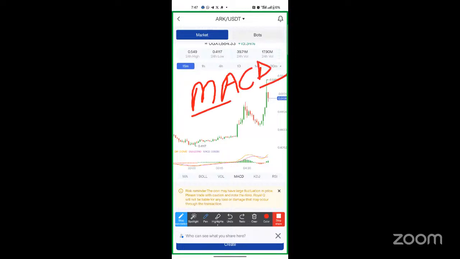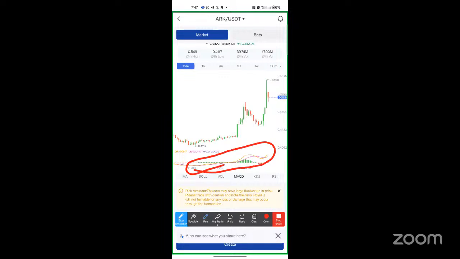MACD is a very simple indicator because it has what we call the moving averages. These two lines, they are moving averages. Basically as simple as that. These two lines are of different colors.